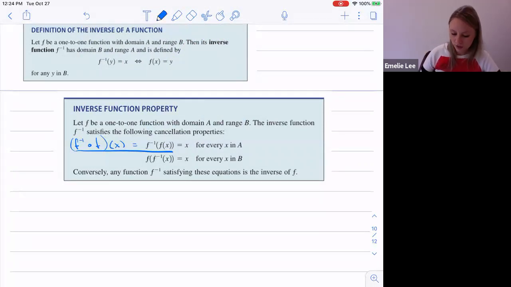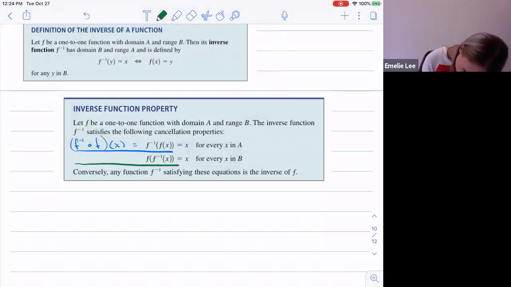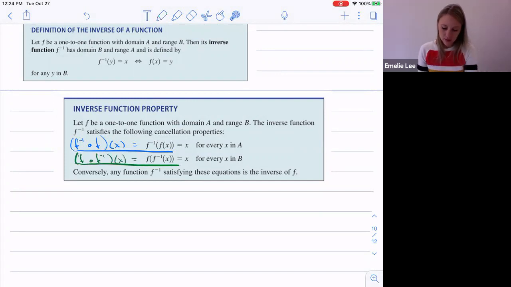So this is just function composition. And then the same thing here, f composed with the inverse of x. That's why we had to figure out what function composition looks like, and get a handle on that.